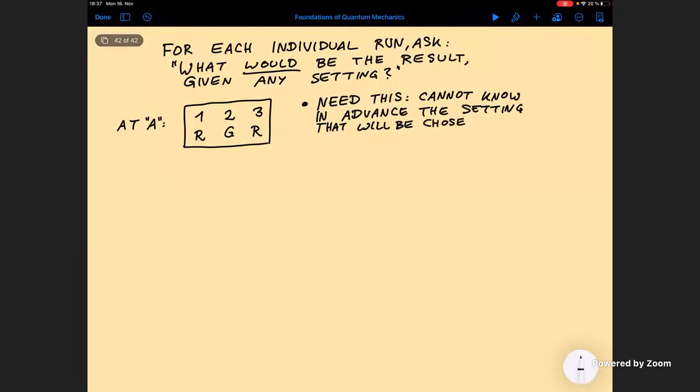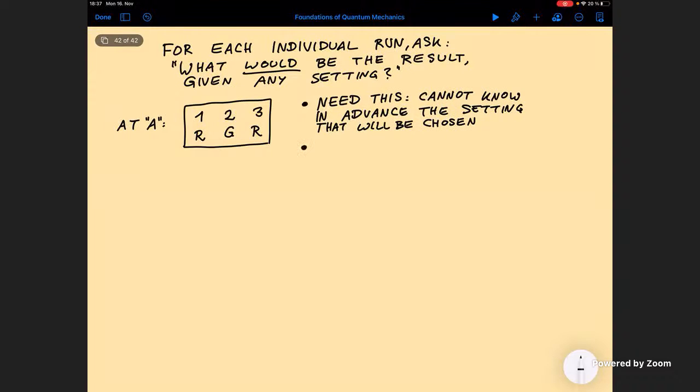So in other words, the object has to have properties that could be measured. And regardless which property I want to measure, so which setting I choose, it should work out. It should give an answer, so to speak, if you consider the result an answer to a measurement.